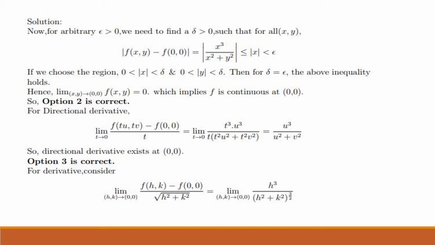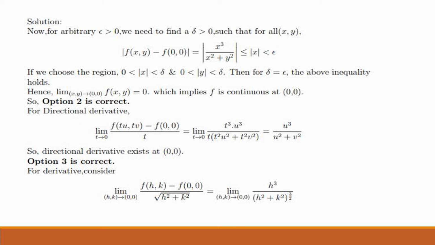Here, for arbitrary epsilon greater than 0, we need to find a delta greater than 0 such that for all x and y, the absolute value of f(x, y) minus f(0, 0), which equals the modulus of x cube by (x square plus y square), is always less than or equal to mod x, which is less than epsilon, since x square is always less than or equal to x square plus y square.